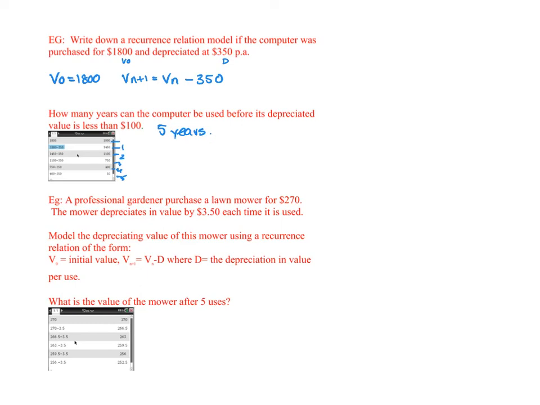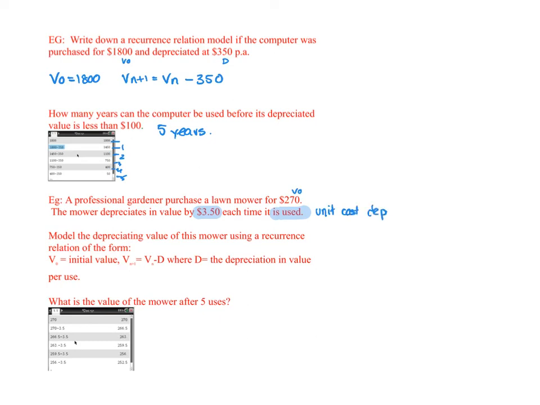Let's do the unit cost. So a professional gardener purchased a lawnmower for $270. The lawnmower depreciates in value by $3.50 each time it's used. So when you see used and by an amount, you know that means it's unit cost depreciation.